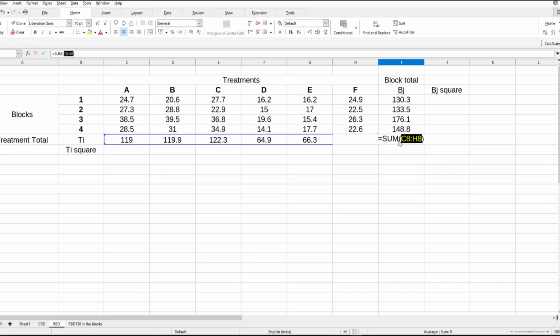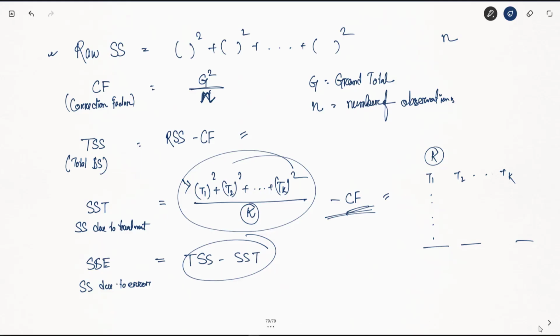Let me check. Okay, this is 588.7. So we found out that our G is 588.7, right? So what are the different things that we will need? Let me write down.